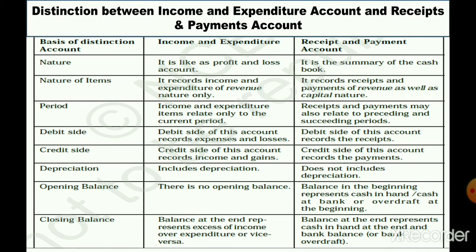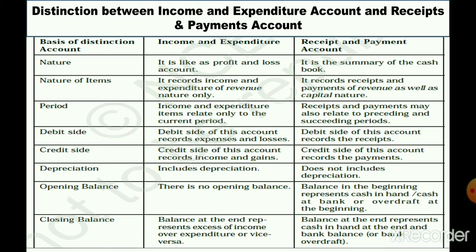Next difference is in income and expenditure account it includes depreciation, but in receipts and payment account it does not include depreciation. In income and expenditure account, there is no opening balance, but receipts and payment account has opening balance of cash and bank.